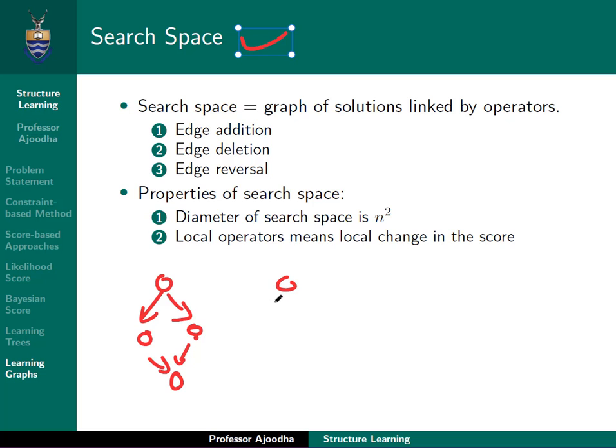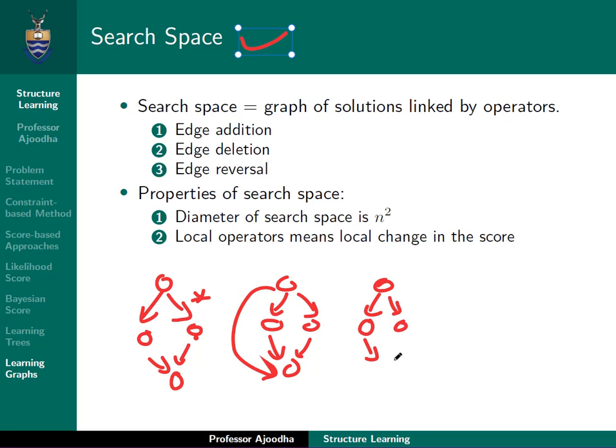Let's say we add an edge. I can add an edge from this graph here, and I can add the edge from here to here. I can also delete edges, so I can remove this edge from here to here. So I could have added an edge, and I can also remove an edge.